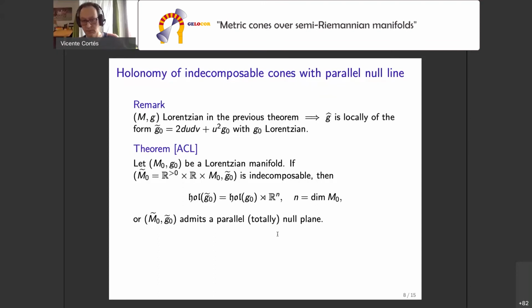Okay, so this is some kind of classification of this case of cone indecomposable cones with parallel null line into two important subcases. One case where we understand the holonomy, and the case where we have a parallel totally isotropic two-plane.